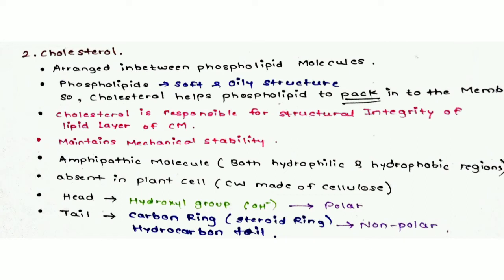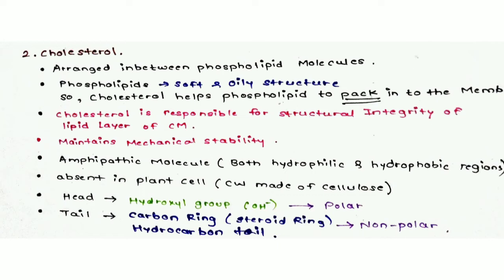Cholesterol is also amphipathic in nature, meaning it has both a hydrophilic region as well as a hydrophobic region. Similarly, it has a head, which is made up of a hydroxyl group, OH, that is polar, or you can say hydrophilic, water loving.